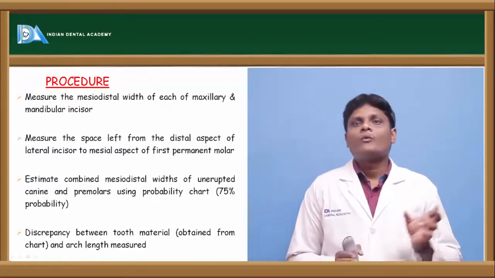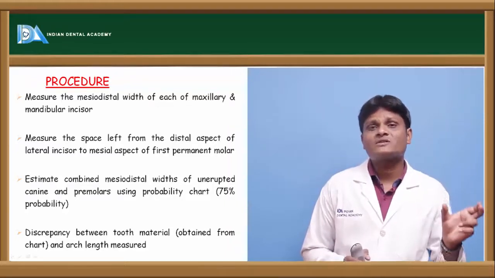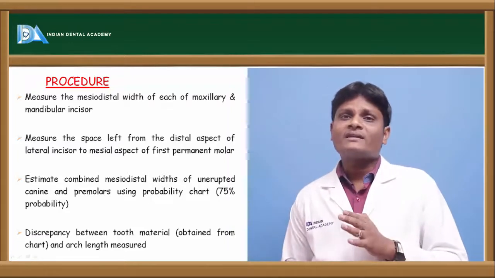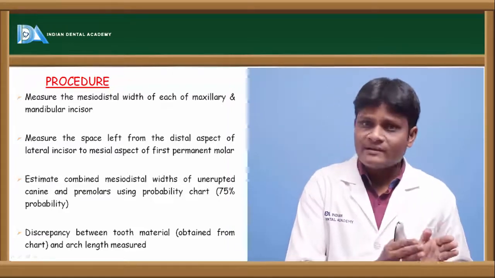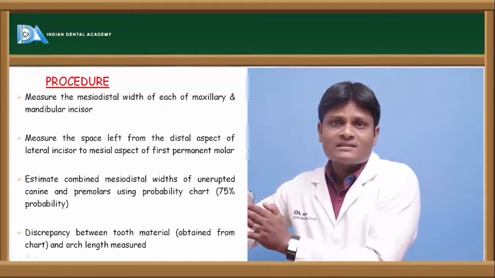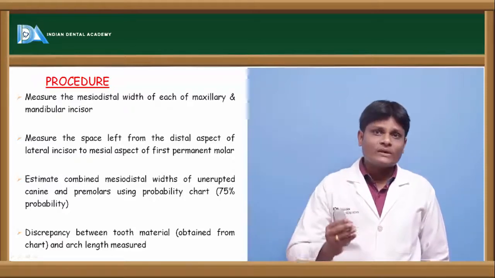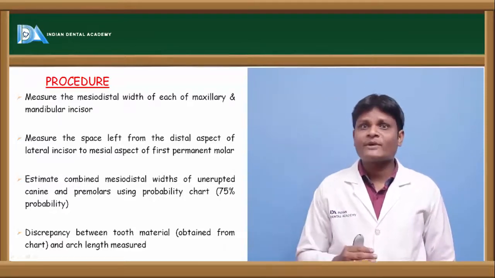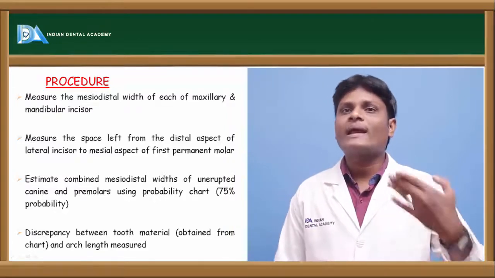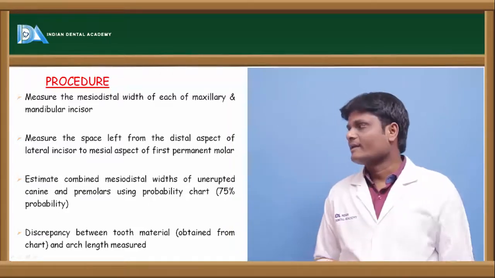This is how we will estimate the combined dimensions of the unerupted canine and first and second premolars, and we will compare the discrepancy between this obtained size of the teeth with the available arch length in the dental arches, and we will evaluate the space requirement, whether the space will be in excess for those unerupted teeth or the space will be deficient for those unerupted teeth, and accordingly we will plan our treatment. This is about Moyer's mixed dentition analysis.